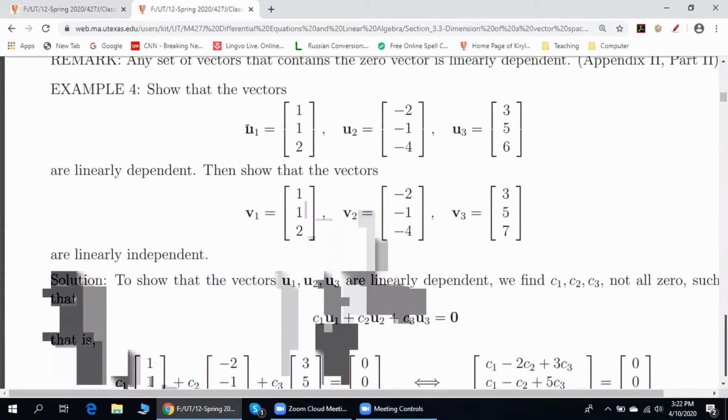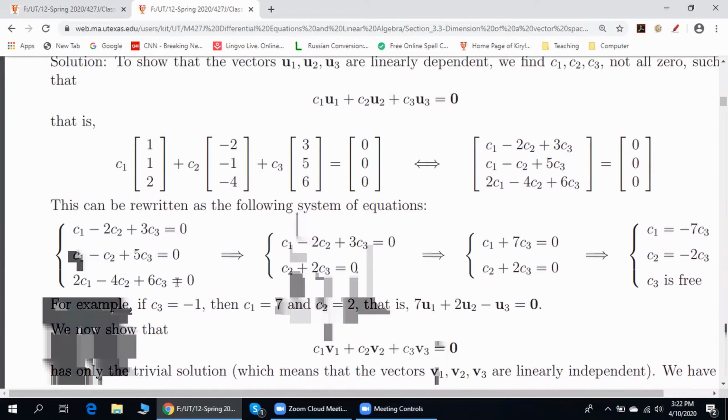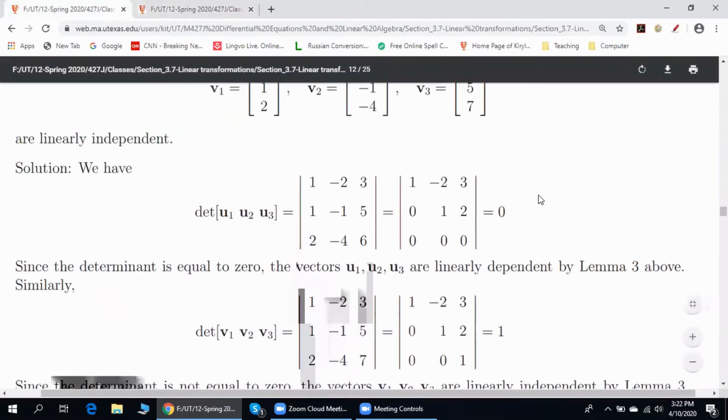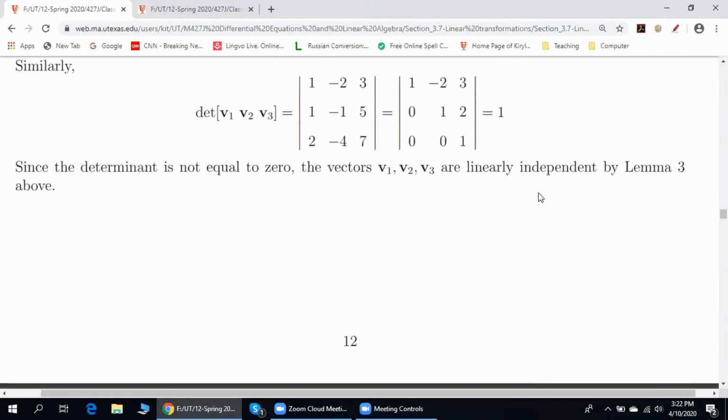In order to prove that these vectors are dependent, we set up a corresponding system, we solve the system, and then we see, okay, the system has infinitely many solutions. Now, pivots allow us to come up with the same result much easier.